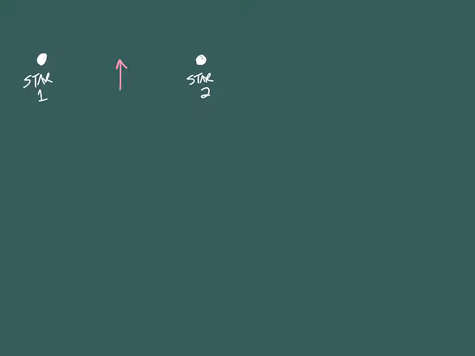All right? So know this. At this point, there is a gravitational potential due to 1 and a gravitational potential due to 2. All right, that's what we're dealing with.